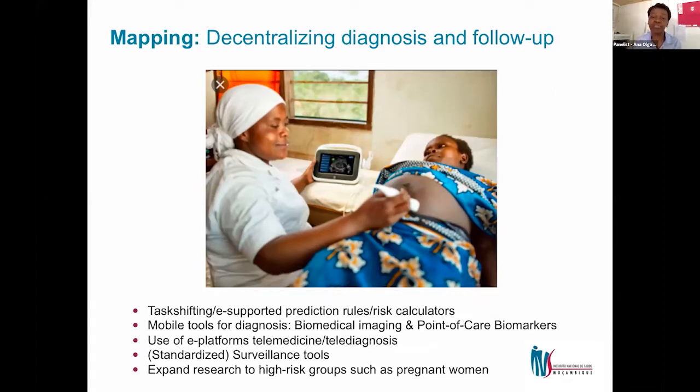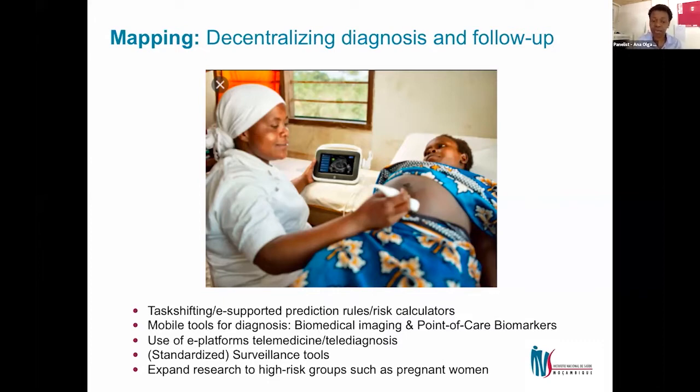With the lack of trained and specialized human resources, decentralization is key, and task shifting, through probably the use of electronically supported prediction rules, risk calculators, use of mobile tools for diagnosis, use of algorithms that can be taught using telemedicine, telediagnosis, standardized surveillance tools that can be shared by several countries or several areas.